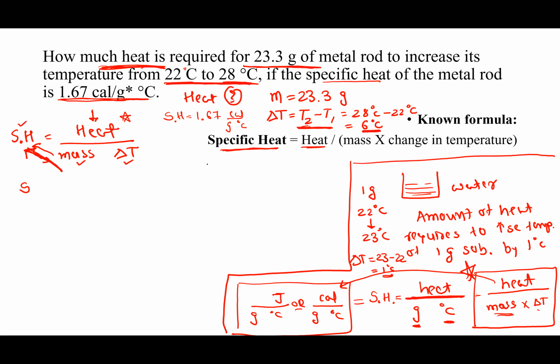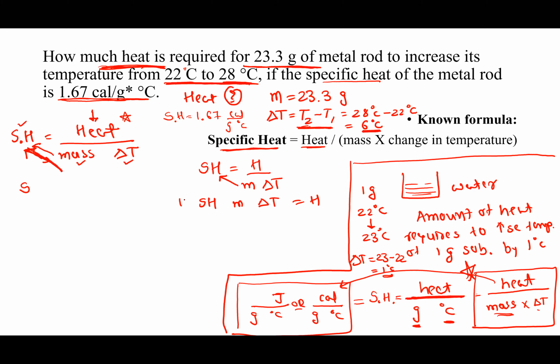Okay, let me write this down. There are two ways to do this. I'm going to use abbreviations, which is not right, but I'm doing it because of the space. One thing you can do is cross multiply the denominator to the numerator on the other side. If we do this, it looks like this: specific heat multiplied by m multiplied by delta T is equal to heat.